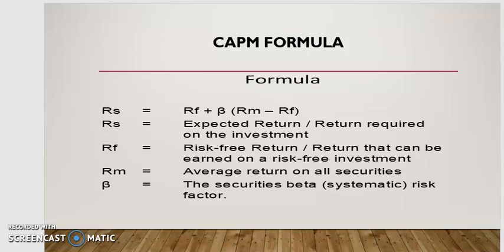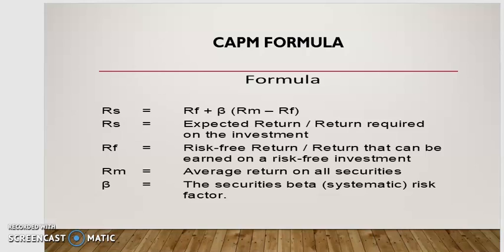The illustration as shown on the presentation gives the formula for calculation of the required rate of return of a security using the capital asset pricing model, taking into account the three factors we have earlier discussed, which include the risk-free rate, the beta, the return of the market, and the return of the market minus the risk-free rate, which is equivalent to the equity risk premium.